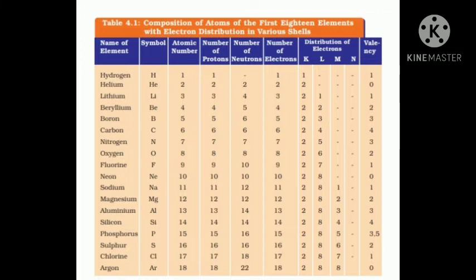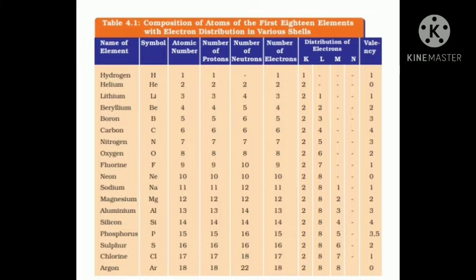Silicon, Si symbol, 14 is the atomic number, so the number of protons and electrons are 14. The number of neutrons also 14. Distribution of electrons 2, 8, 4 in K, L and M respectively. Number of electrons in the outermost shell 4, so that is the valency 4.